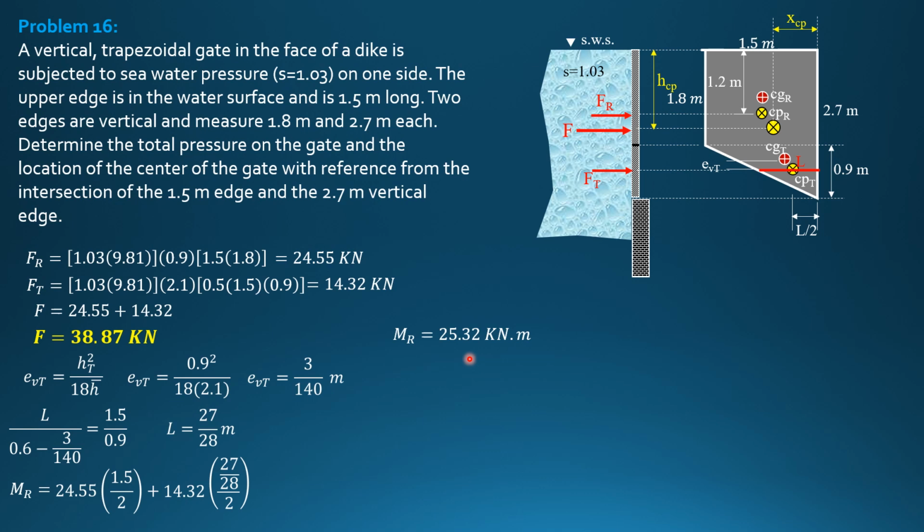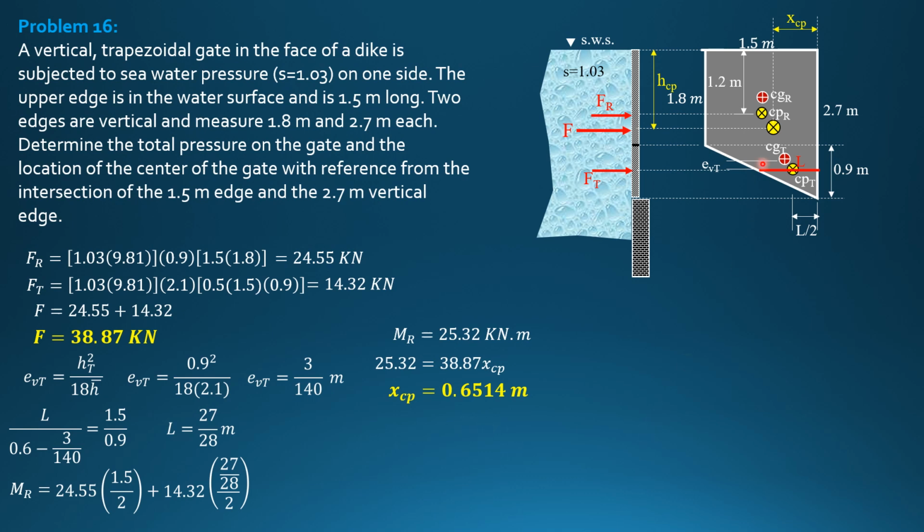Now, by Varignon's theorem, this moment is also the moment of the single force 38.87, and its moment arm is x sub Cp. So 25.32 equals 38.87 times x sub Cp. This is a statics principle, so you should have known this already by Varignon's theorem. So x sub Cp is 0.6514 meter.